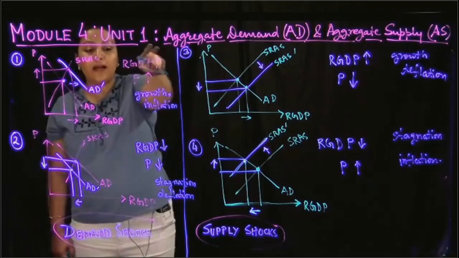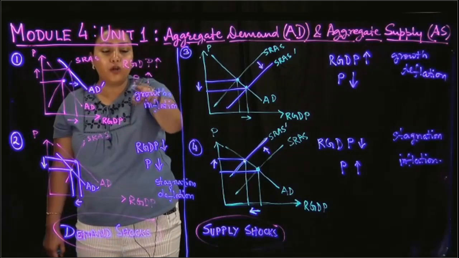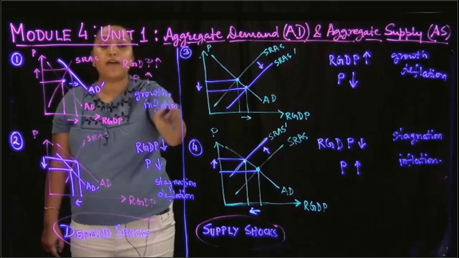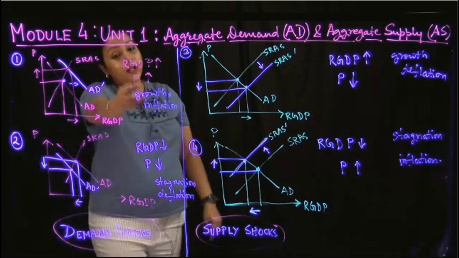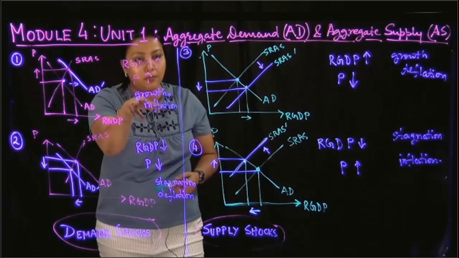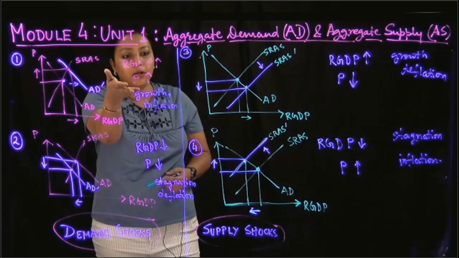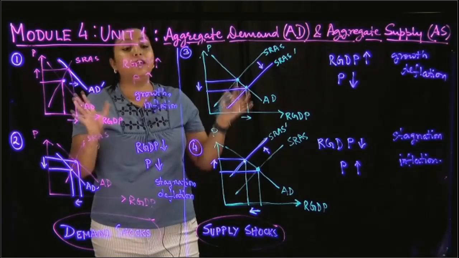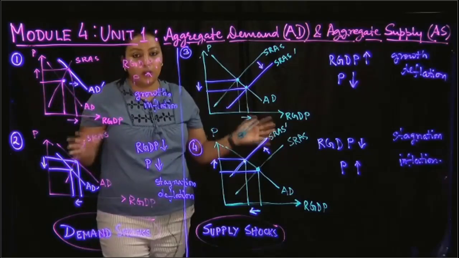So that's the impact on the economy. You have growth on one side and inflation on the other. Well, growth is always desirable, but inflation may not be desirable. So it leads to one desirable impact and one relatively undesirable impact on the economy.